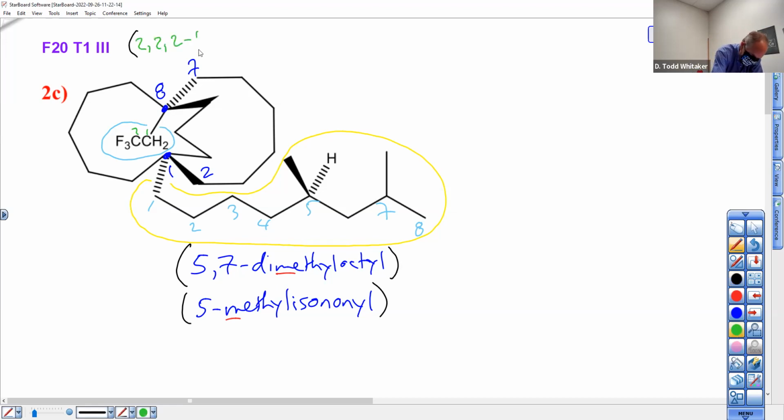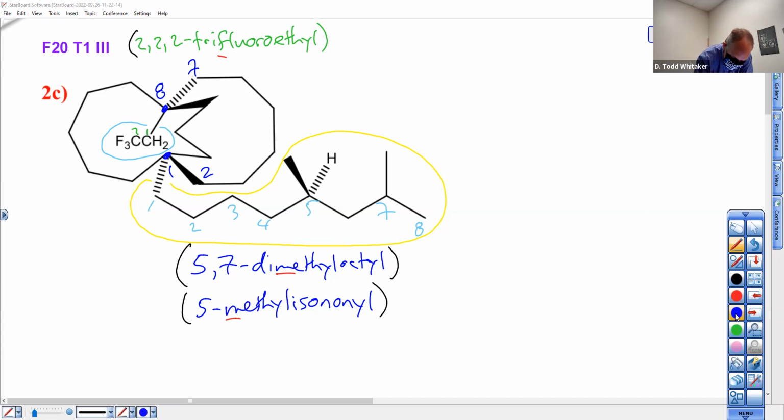It's a tongue twister, isn't it? 2,2,2-trifluoroethyl. Small group with a big name. You got to tell me where those fluorines are. So that goes by F, as in Francis. That'll go first. And you said that's on carbon 8.